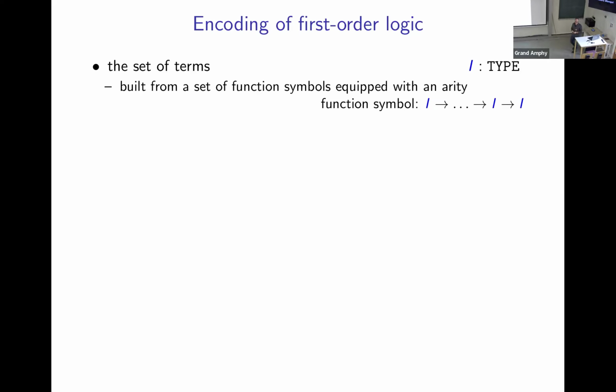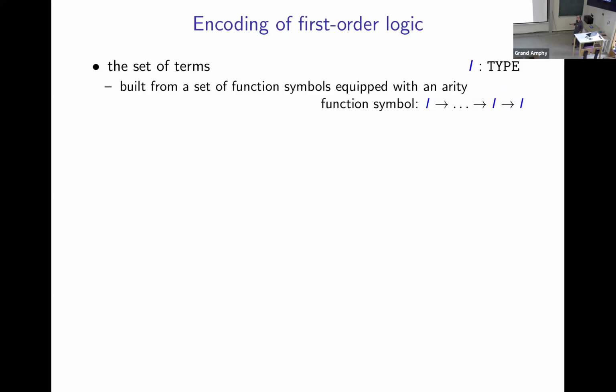So let's try to represent this now in lambda pi. So first we need to represent terms. Okay. So for this we are going to assume a constant type I for typing all the terms. Okay.